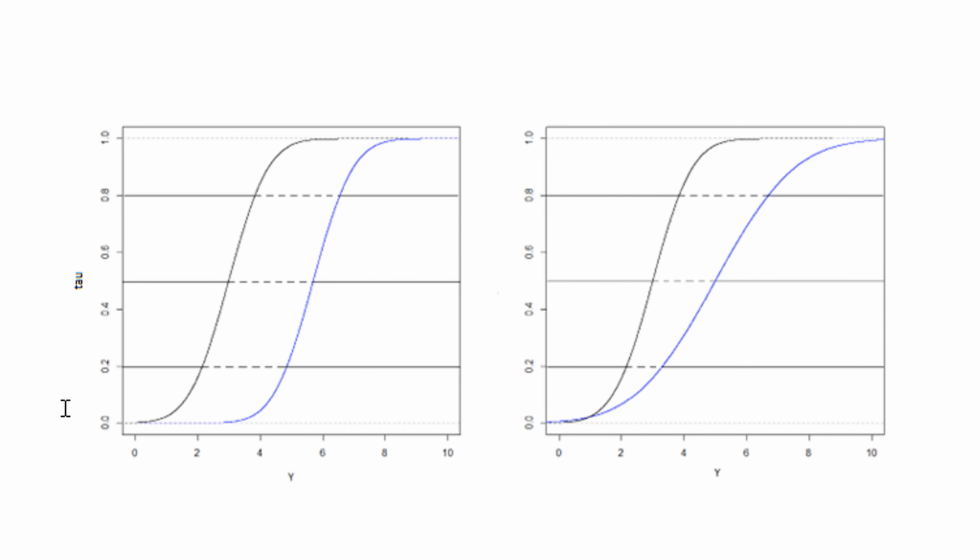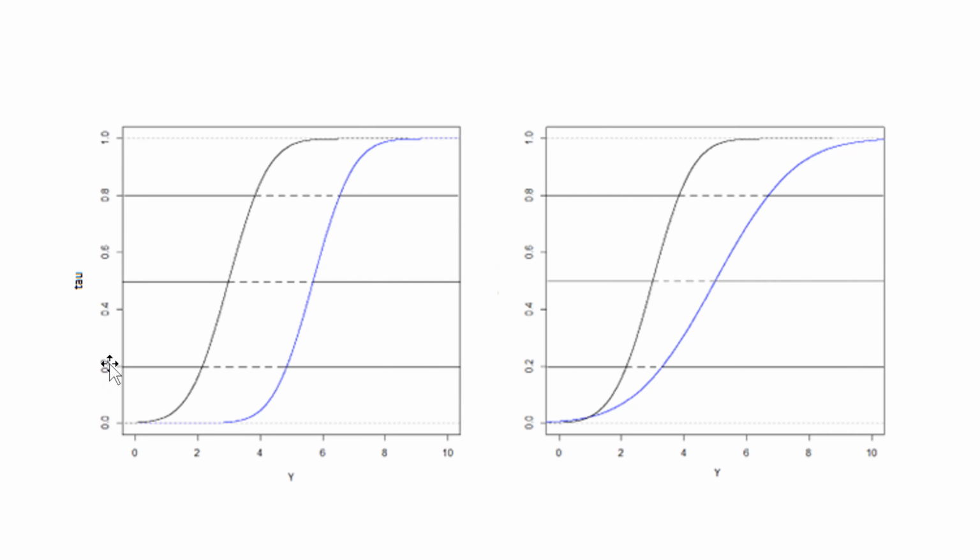Essentially these are plots of the cumulative distribution functions for each group. I've extended lines at the points that correspond to the 20th quantile, the 50th quantile, and the 80th quantile, in both graphs.